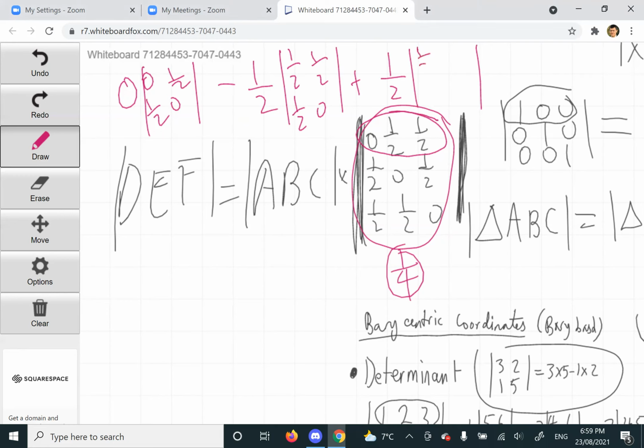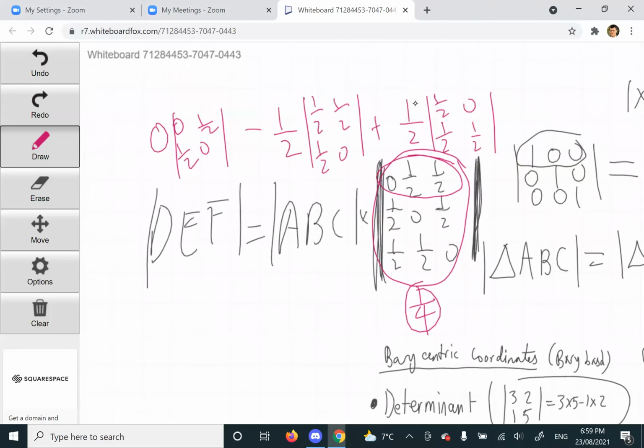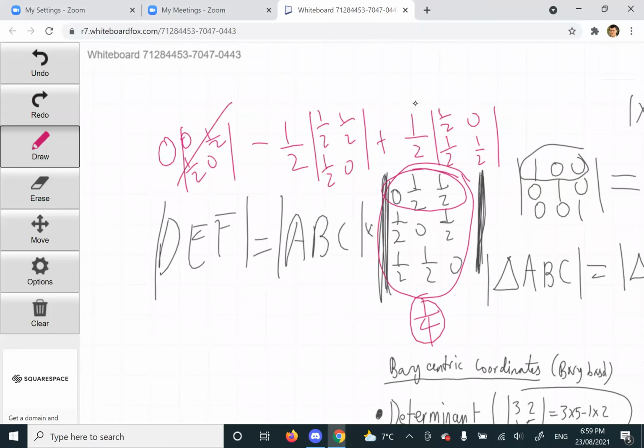Obviously 0 times anything is just 0. Half times 0 is just 0, so this is minus a half, and it's 0 minus a half times a half, plus a half, half times a half minus 0.